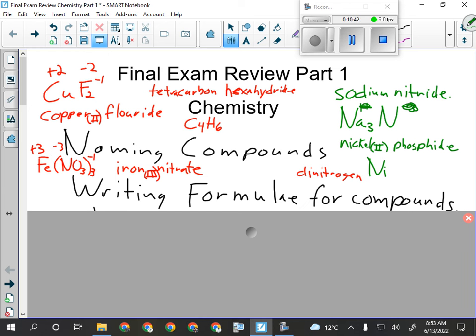It's charge. It tells me the charge, right? So I go Ni2+. I do the same thing with phosphorus. It's a 3-, and now I drop and swap. I'm done. That's what the Roman numerals are for. They tell you which charge of the 2 possible charges to use in your drop and swap.